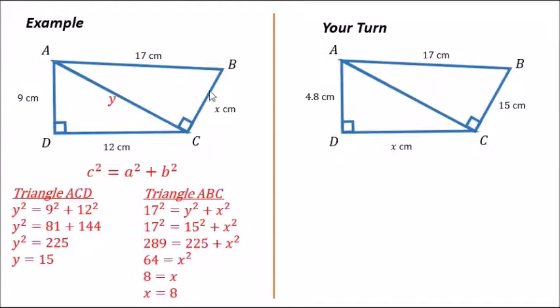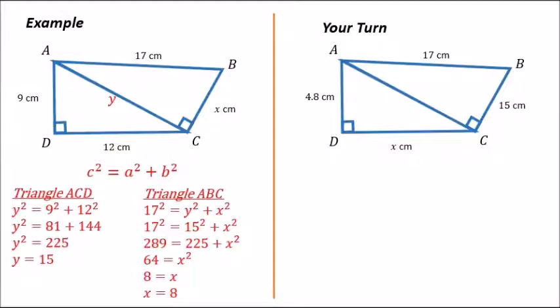So I can't actually find this yet because I don't have enough information, but it links to this triangle here. This line AC links both of these triangles. So if I can find the length AC, I should be able to use that information to find the length BC.